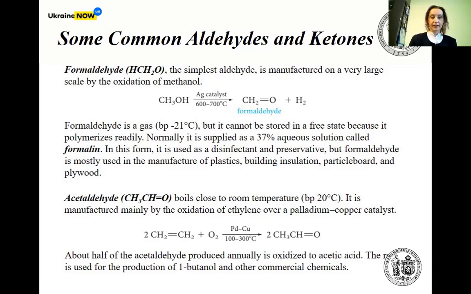Acetaldehyde. This aldehyde is obtained by oxidation of ethylene, but the same can be obtained by reduction of acetic acid or oxidation of ethanol. It's a liquid at room temperature, and it's used for acetic acid preparation.